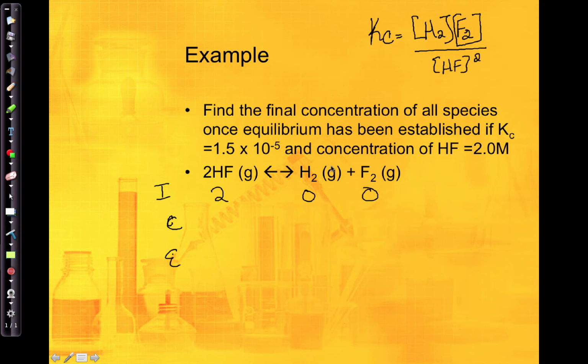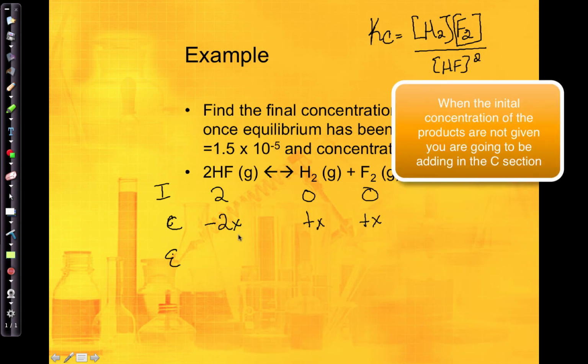Since products are initially 0, that means we're going to start making products and taking away the reactants. So you're going to subtract your reactants. So it's going to be minus, and since the coefficient here is 2, it's 2x, and we're going to be adding the products, no coefficient, so it's just x.